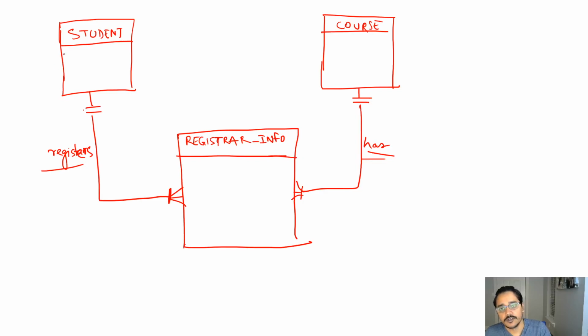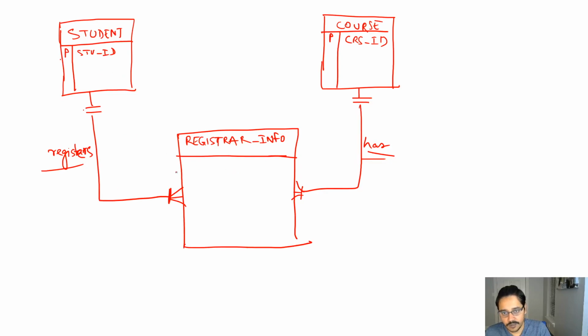Okay, so student had the primary key of student ID, and then course had the primary key of course ID, and then registrar info, since it is in 1:n, student registers into the registrar info, right, into the registrar database.